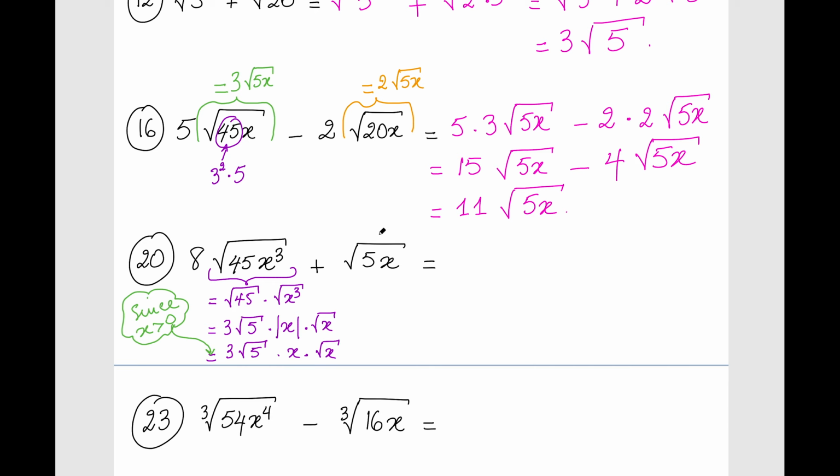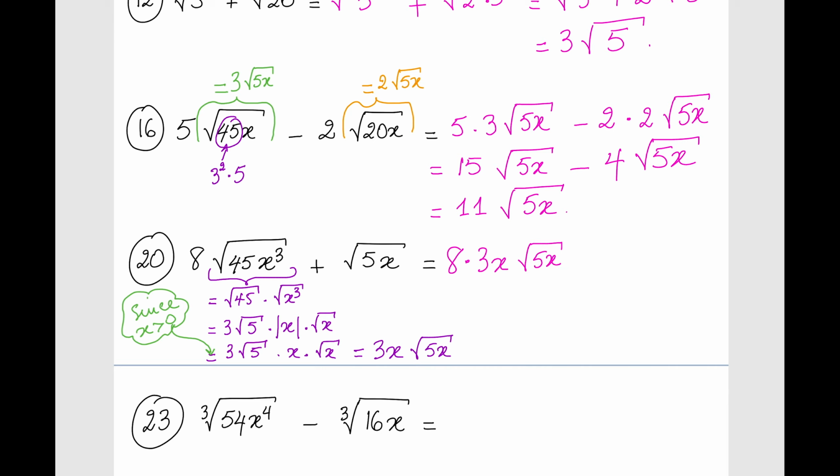This is simplified already. Actually, I can condense this more. The purple one, that's 3x square root of 5x. And square root of 5x is simplified. So back to this, I can rewrite this as 8 times 3x square root of 5x.